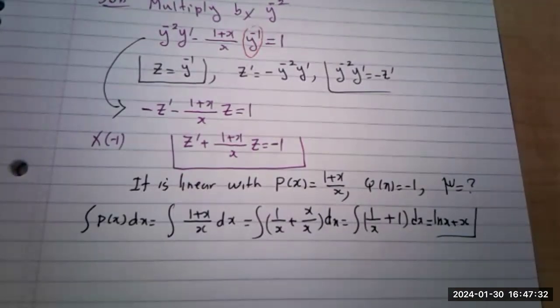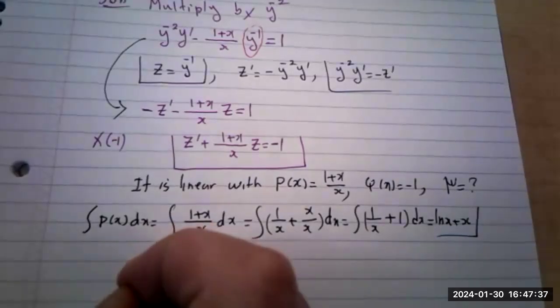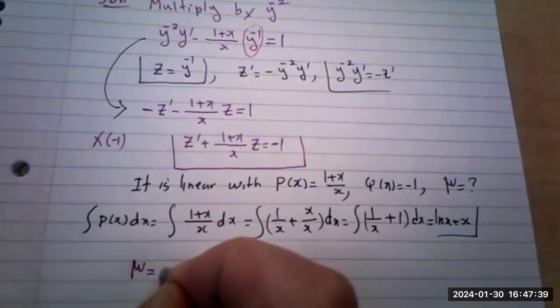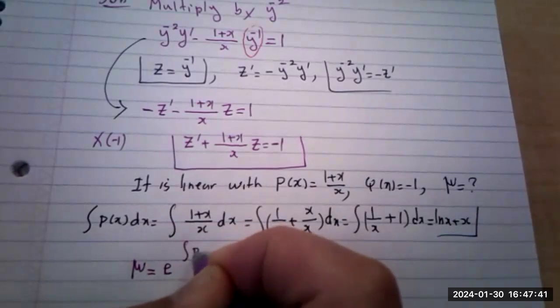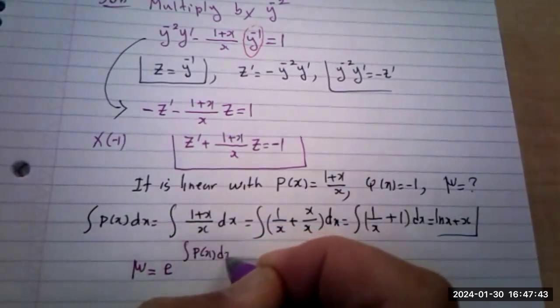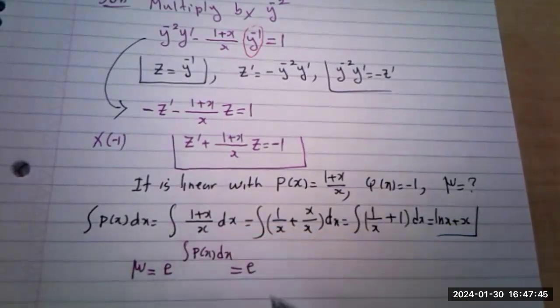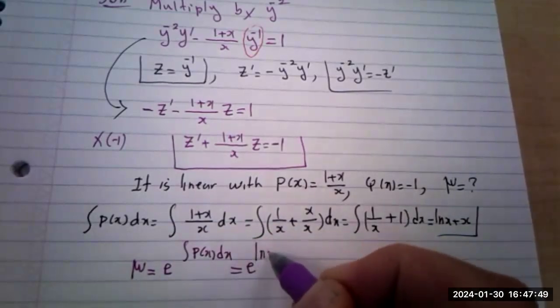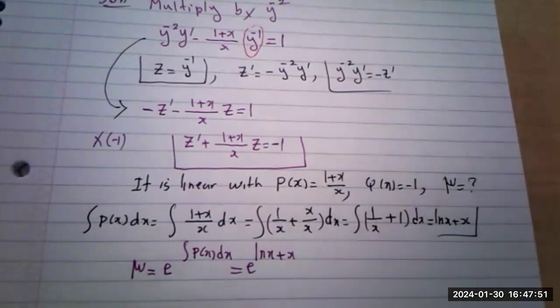Now bring it to get the integrating factor. Mu is equal to e to the integral of p of x dx. Substitute, and that gives you e to the ln x plus x. You want to simplify this one? Any suggestion?